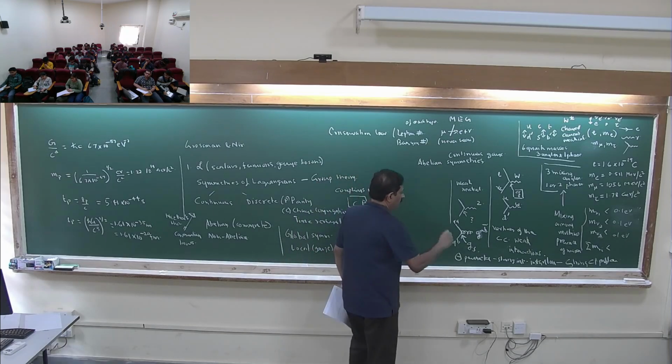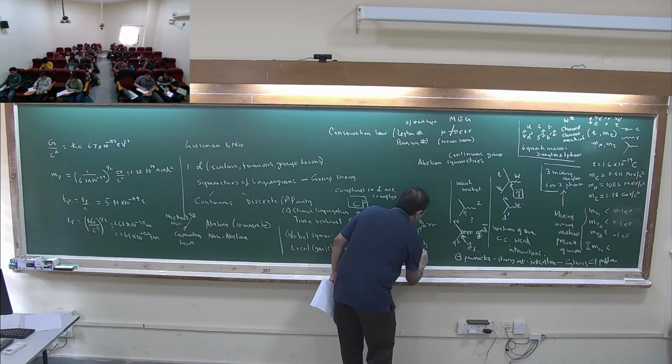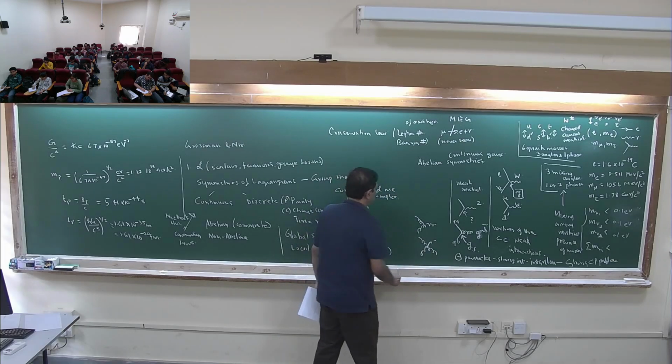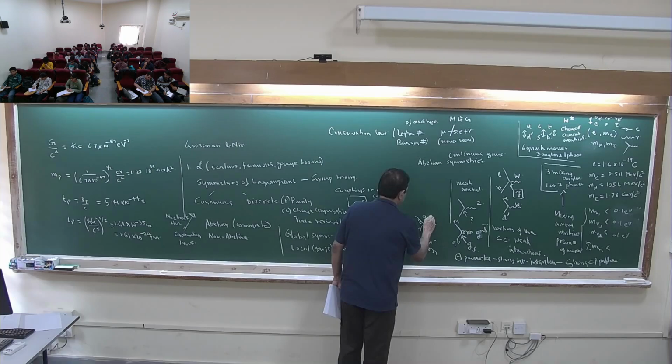For instance, the gluon will have a coupling like this, and also like this. It has a cubic as well as a quartic coupling. So this will be g_s and this will be g_s squared.